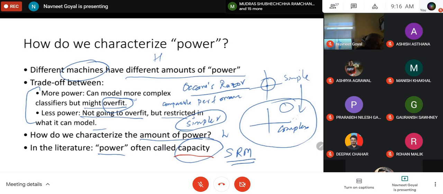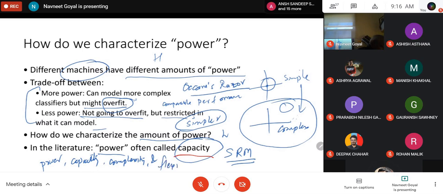So power, complexity, capacity, flexibility all have the same meaning, literally. Four terms you should keep in mind: power, capacity, complexity, and flexibility. I hope all of you are able to follow what is being discussed.